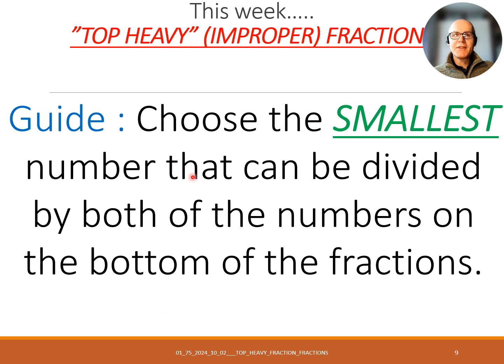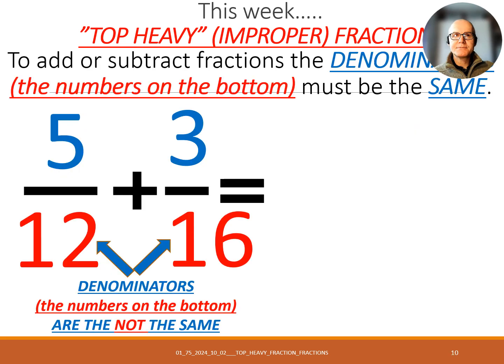We must choose the smallest number that can be divided by both of the numbers on the bottom of the fractions. So we need to choose the smallest number that can be divided by both the denominators. Let's look at this example here. We have 5 twelfths plus 3 sixteenths.